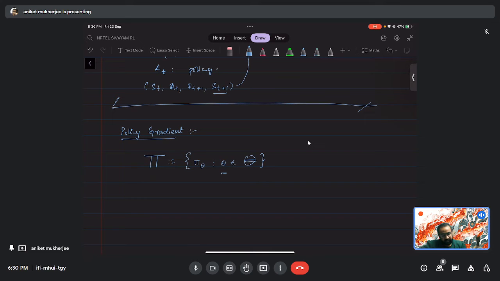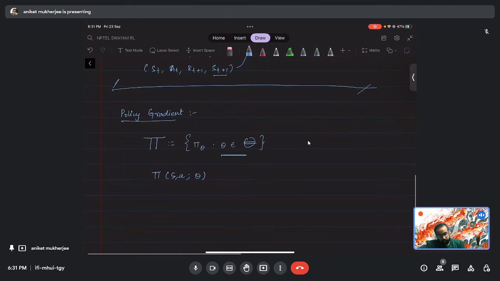Why this is necessary is because when you do policy gradient, what you are basically doing is updating your thetas, right? So now you have an expression for the policy gradient. I'll write pi of s, a, theta; this is basically your function.